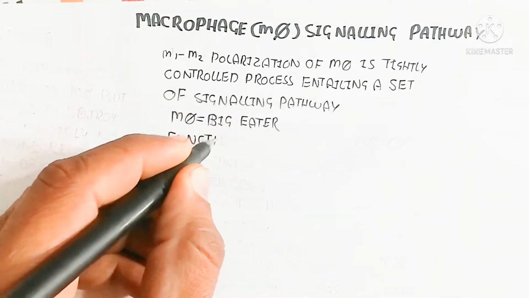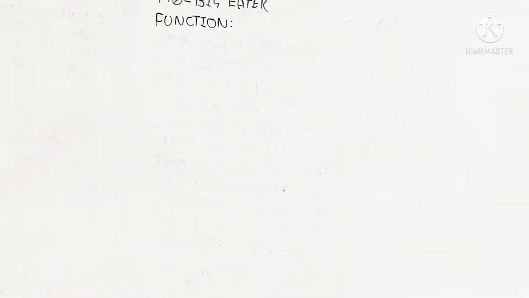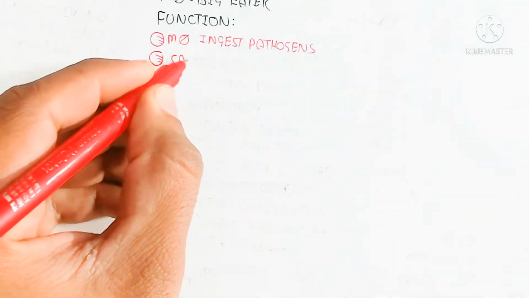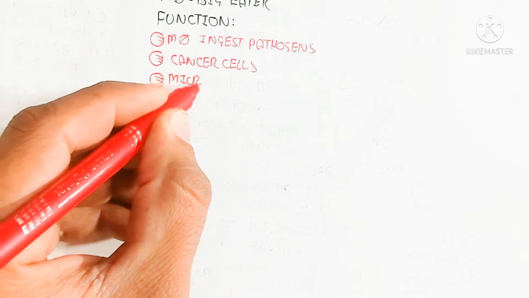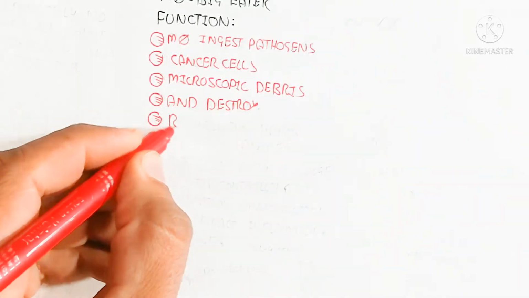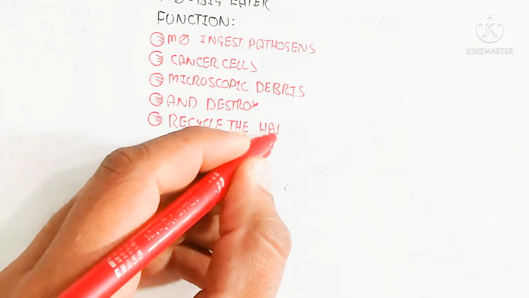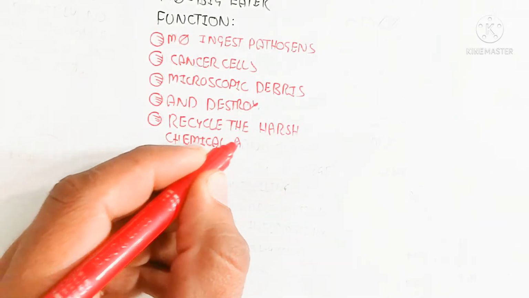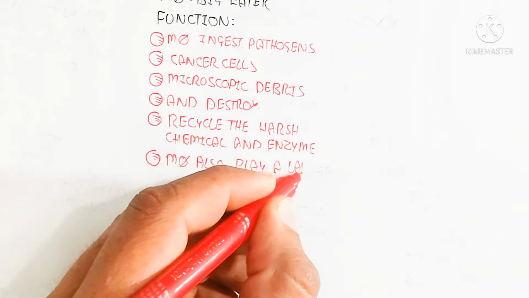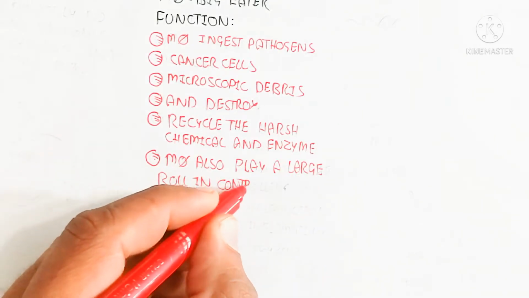We will discuss their function. The macrophage ingests pathogens, cancer cells, and microscopic debris, for example mycobacterial microorganisms, pathogens, and viruses, and destroys them. It also engulfs the neutrophil to neutralize the pathogen, recycling the harsh chemicals and enzymes present in the neutrophil.